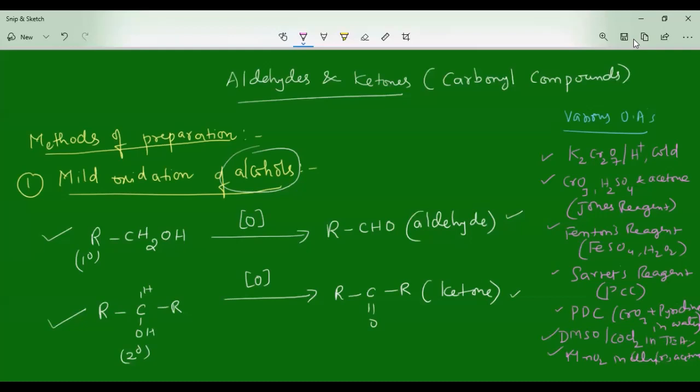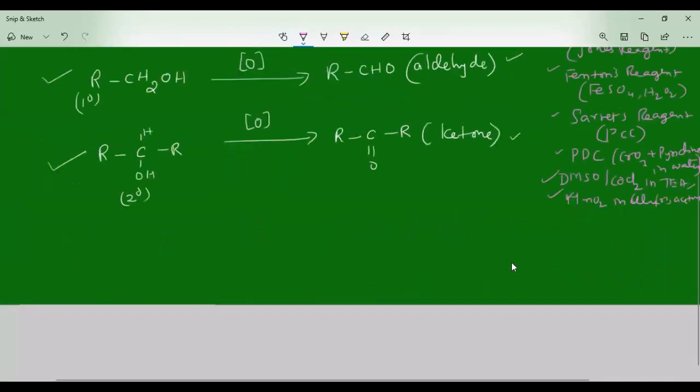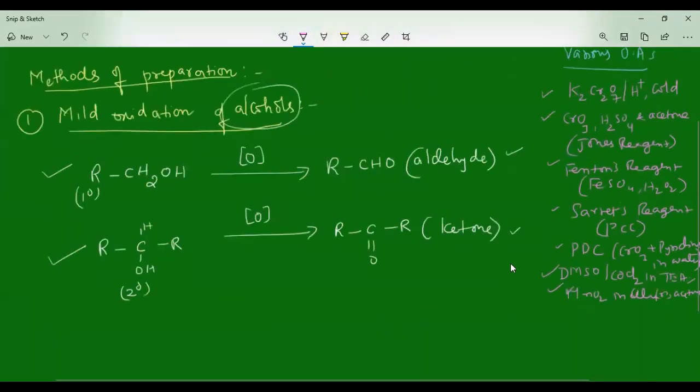Usually we will take another important reagent, that is nothing but copper metal at 300 degrees Celsius, or silver metal at 300 degrees Celsius. Silver at 300 degrees Celsius also converts these alcohols into carbonyl compounds.